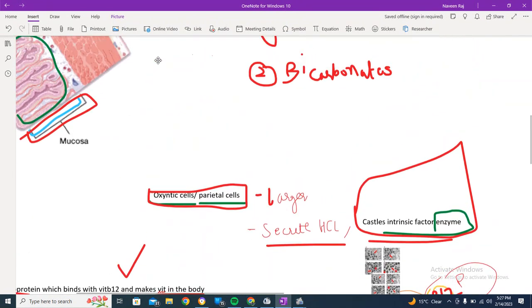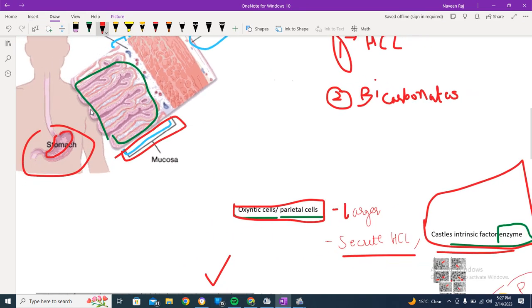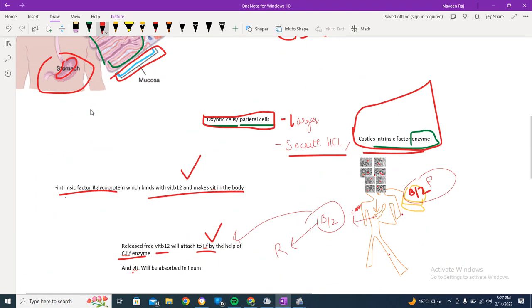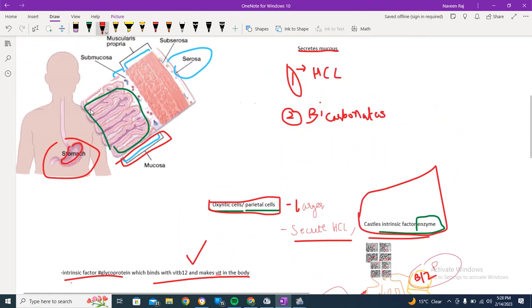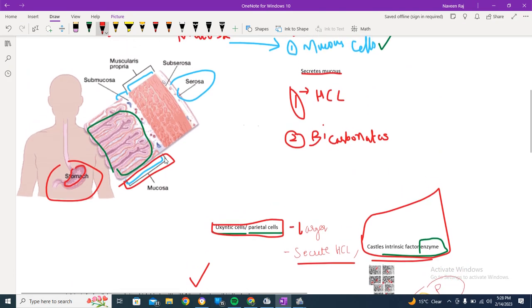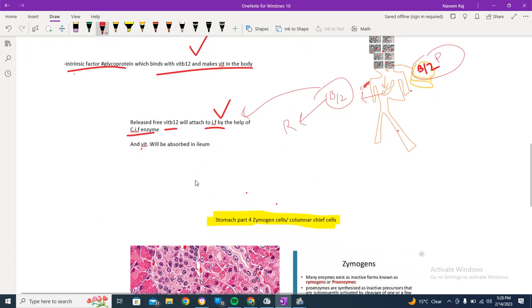Let me show you the previous picture, maybe it is more visible. In this you will see the mucosa layer. I'm repeating that this is the largest one, and it has four varieties of cells, and among these we will find zymogen cells as well. Now let's move forward.